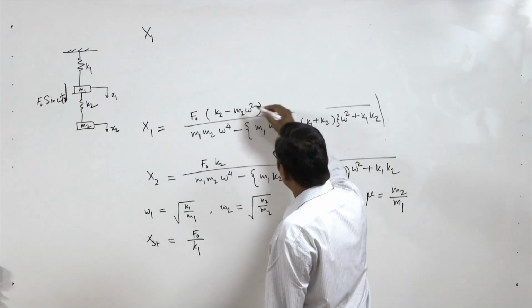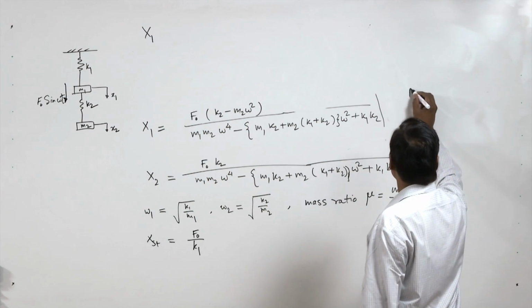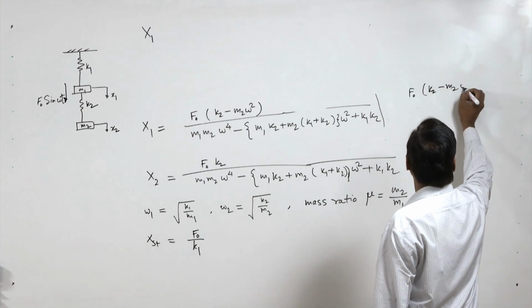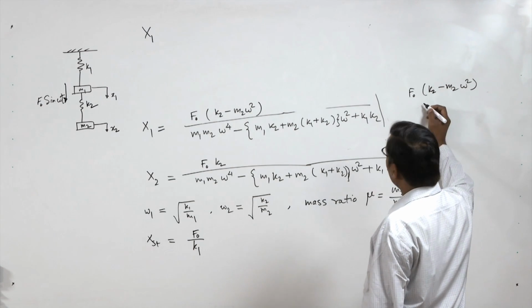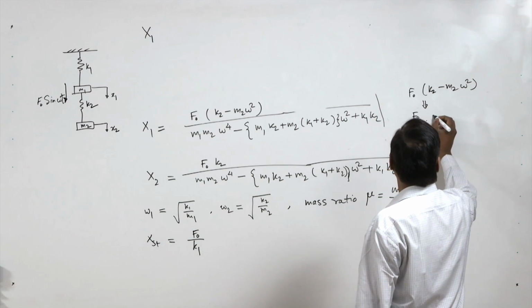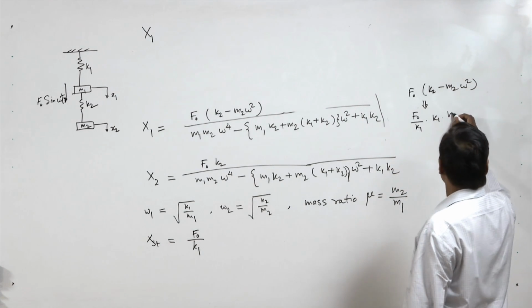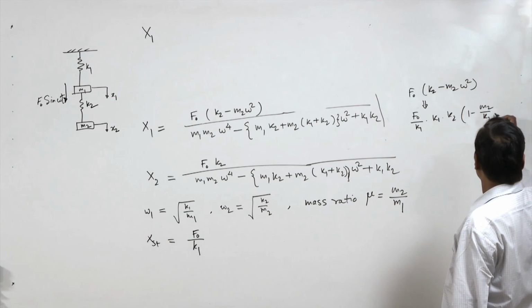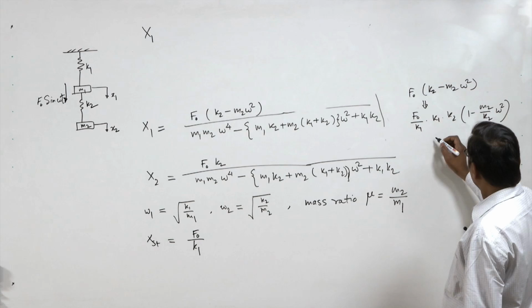So this equation we can convert like F0 by k2 minus m2 omega square. We can do F0 by k1 into k1 into k2, 1 minus m2 by k2 omega square.